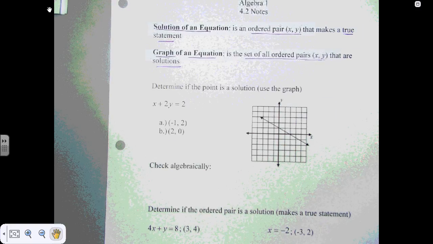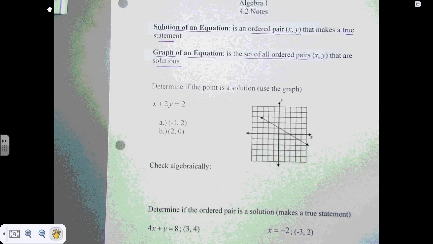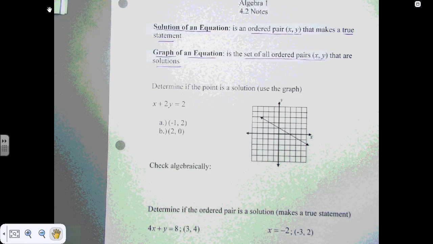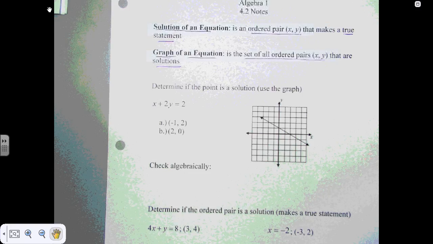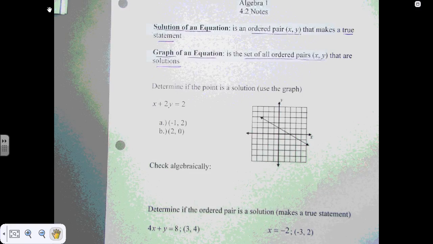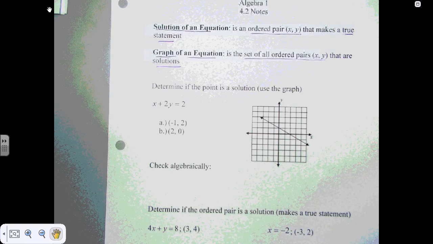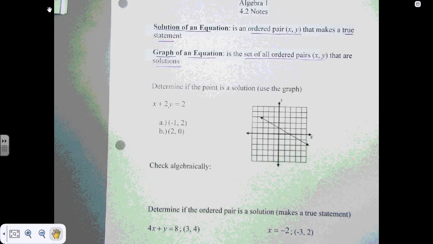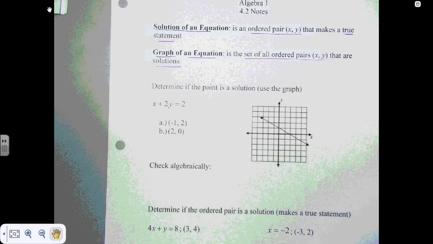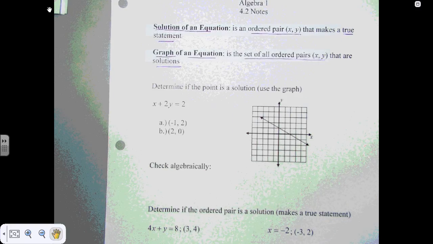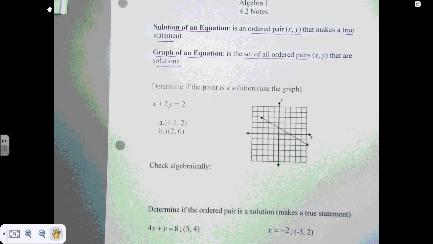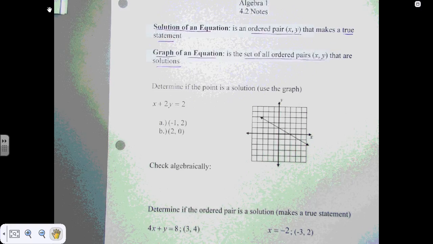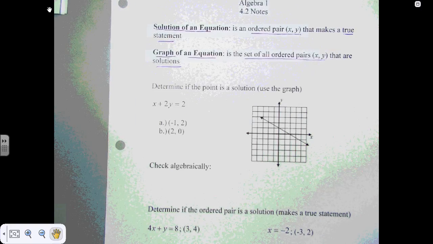But notice, ladies and gentlemen, one of the directions tells you to use the graph. So figure out how to use the graph to determine if A, negative 1, 2 is the solution, or B, 2, 0 is the solution. So at your tables, figure that out. Who's checking A, who's checking B, and then compare answers. Just write it out. Not yet. I want you to use the graph.